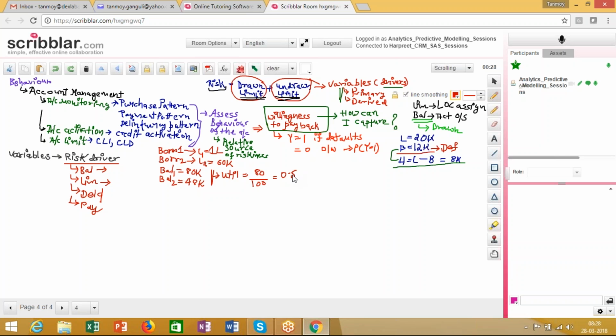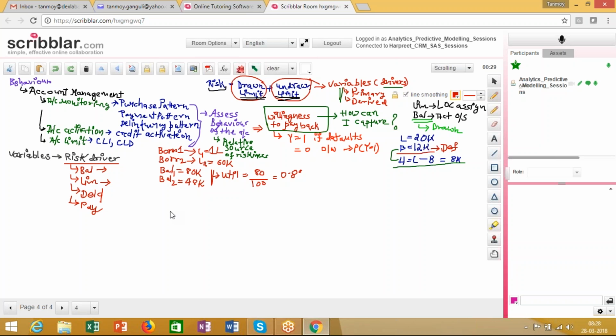So I can say that his utilization is 0.8, or 80%. Similarly, for the second guy, it is 48 by 60, which is again 80%. So both these guys have the same level of utilization.